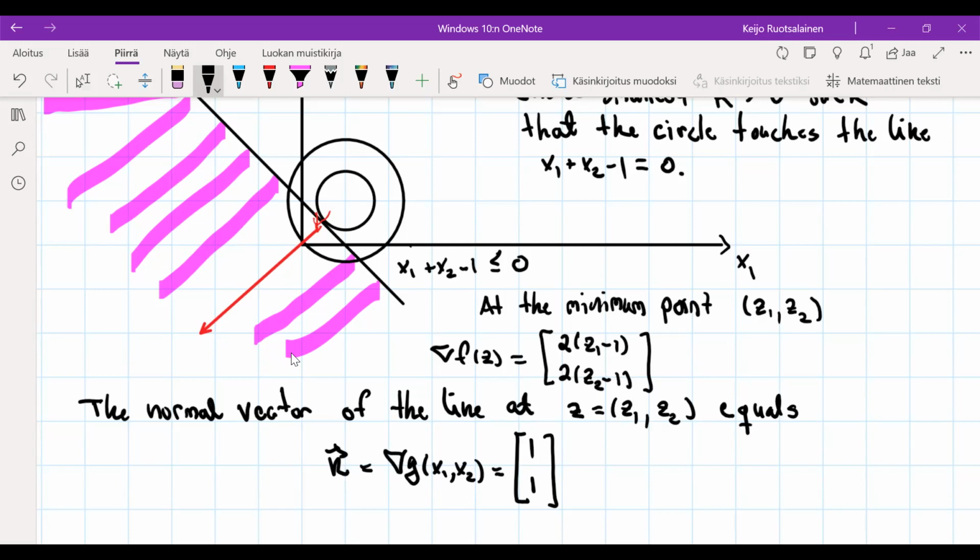So it points like this. So these two vectors, the gradient of the point, sorry, here should be Z1 and Z2.